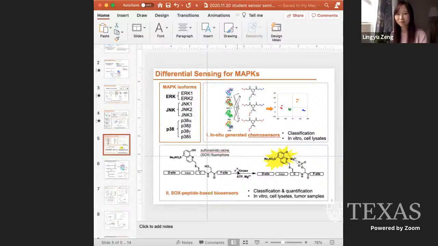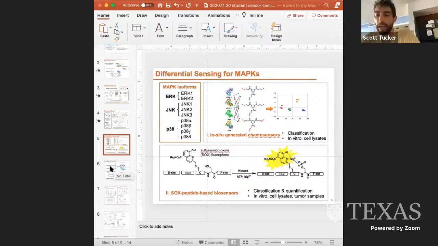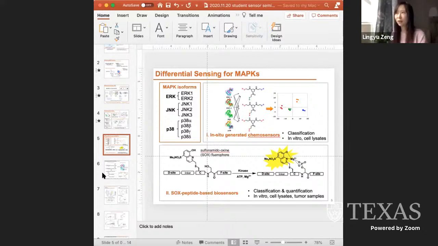To follow up on that last question on stability, after you put it into a cell, how long does it still work as an active biosensor in the cell? Actually, we just add the peptide into the cell lysates, not directly into the cell.